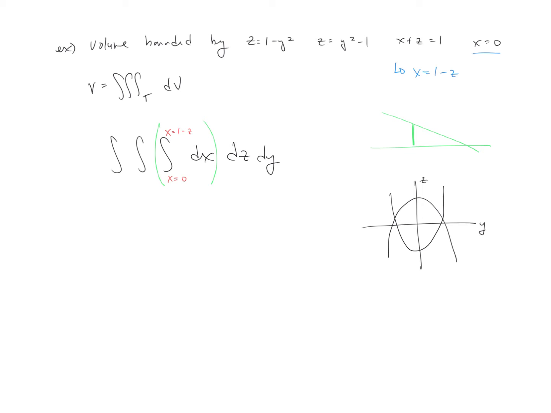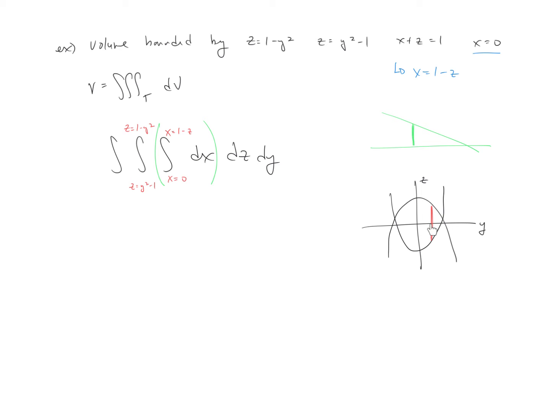And I say that because, again, we've solved for z. Let me sketch this in here vertically. The one that goes on top would be the one that opens down, so we've got z equals 1 minus y squared. On the bottom, we've got z equals y squared minus 1.